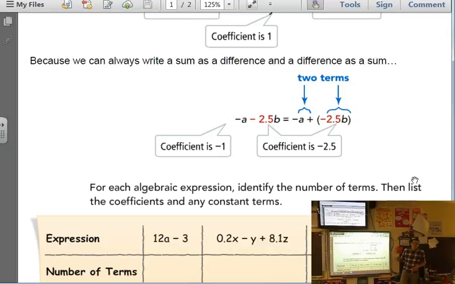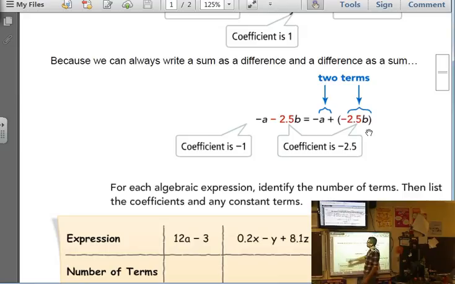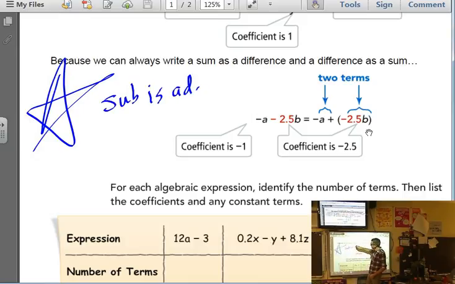So, here's a thing that many of you are struggling with. I would like you to put a star or some kind of notification. Subtraction is addition, kind of.